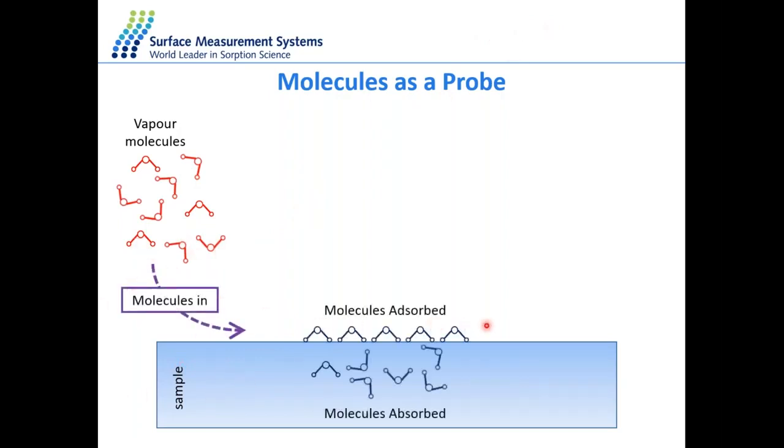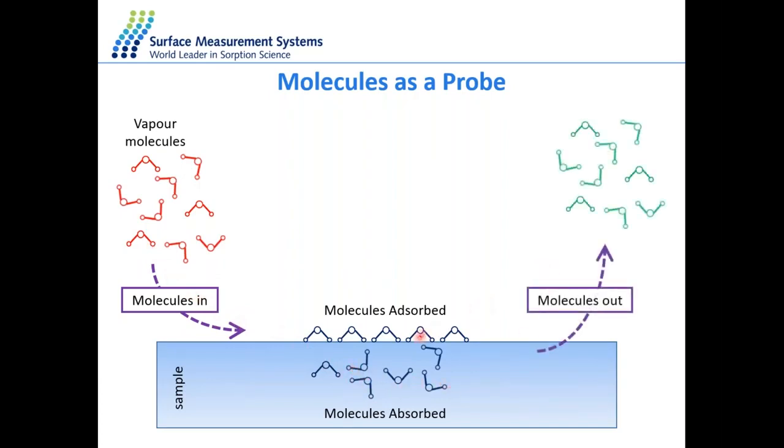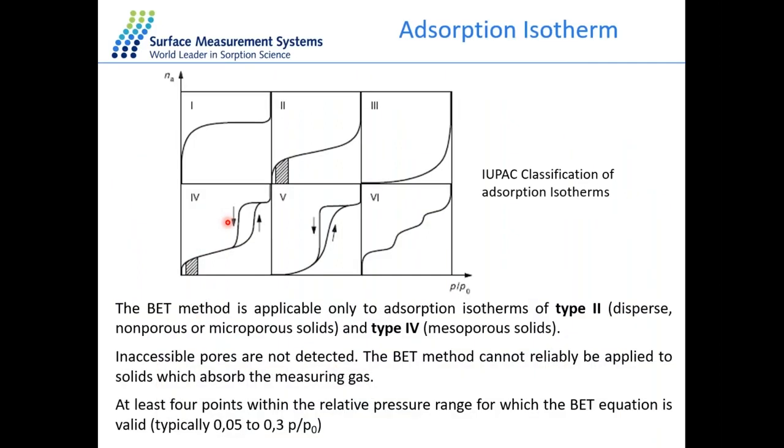We're looking at how those molecules, in particular to BET surface area, adsorb on the surface. However, it is possible for gas and vapor molecules to absorb or dissolve or swell into the bulk of the sample. In today's case, we'll be talking about vapors. Some of the classic BET approaches use gas molecules, but the theory and the fundamentals are exactly the same.